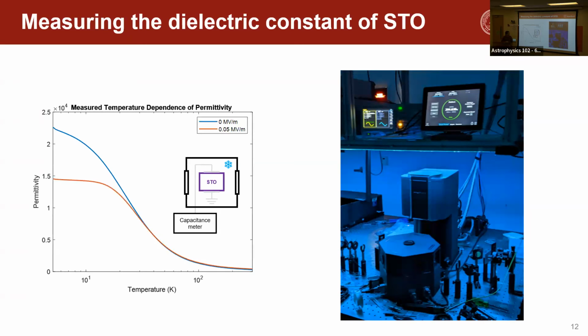So we did this measurement as well, looking at non-zero fields, with a DC bias, still measuring the dielectric constant as a function of temperature. We see that for increasing applied electric fields, we get lower and lower values of the dielectric constant, but they're still quite high for these non-zero fields, on the order of 5 to 15,000.